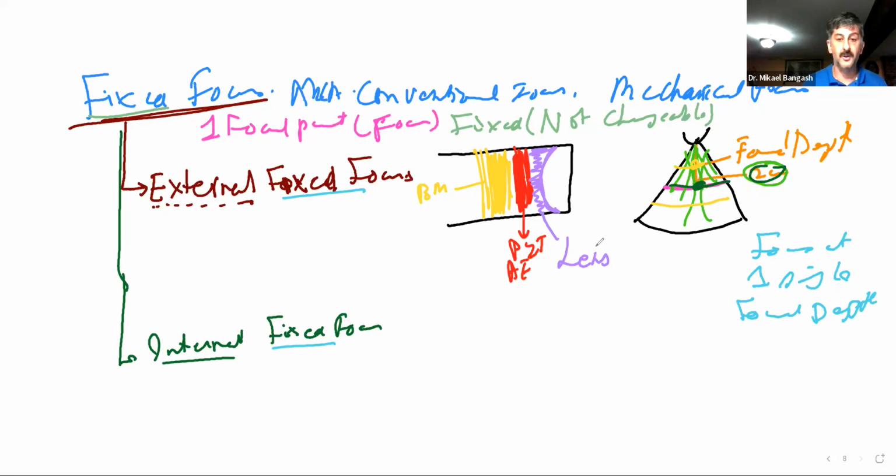So in external focusing we have a curved lens in front of the active element or PZT.